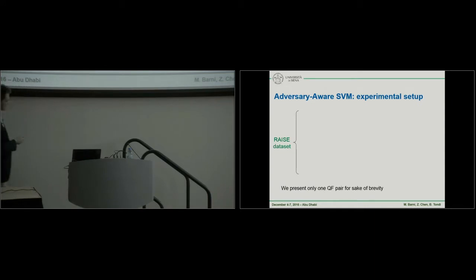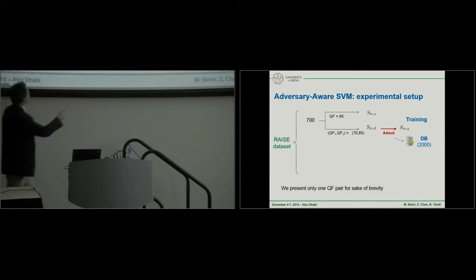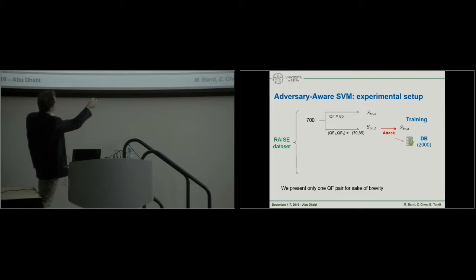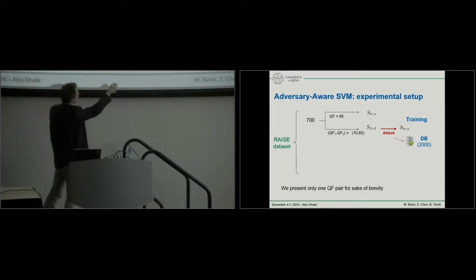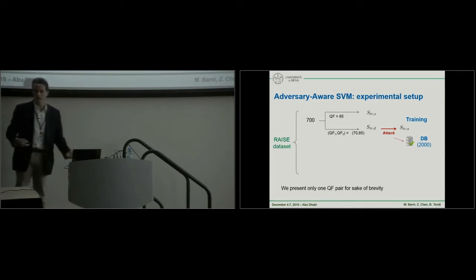So again, the experimental setup is the following. Still the RISE dataset. I only present results for one quality factor, again for the sake of brevity. This is the setup, and now you see the difference. Same dataset as before, but now in the training, I also build a set of attacked images by relying on my own dataset.